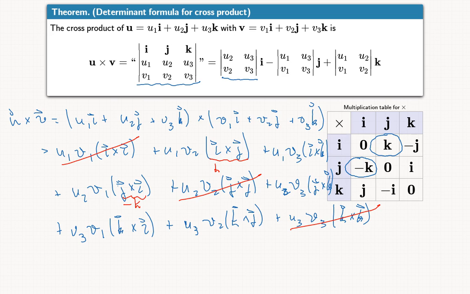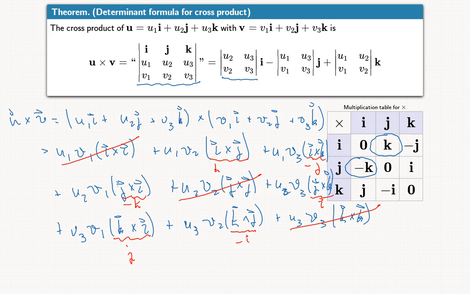So when we're expanding this using the distributive law, we have to be very careful about the order of these, because that's sort of the whole point here: the cross product is not commutative. Then i cross k is negative j, k cross i is j, k cross j is negative i, and j cross k is i.